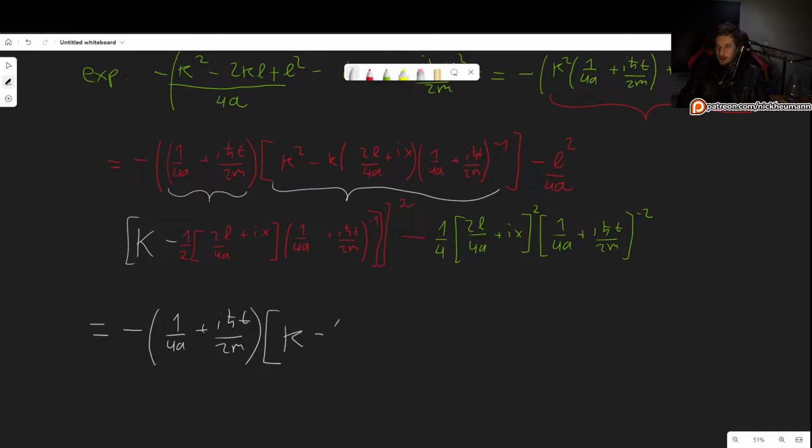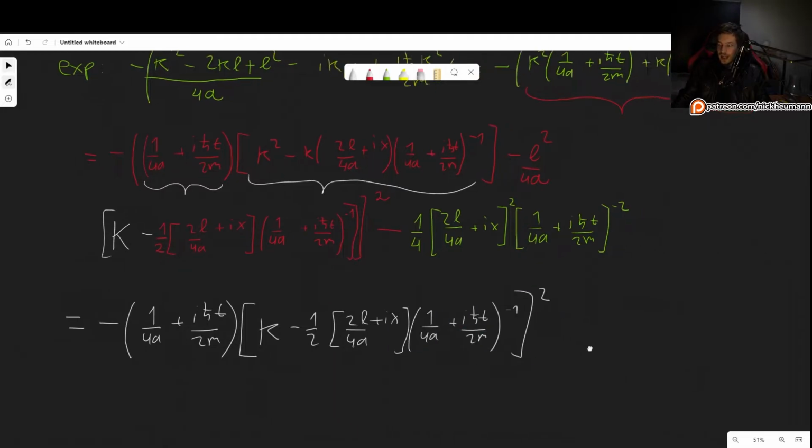So k minus 1/2 2l plus ix divided by 4a. And then 1 over 4a plus i h bar t divided by 2m to the minus 1, and this thing squared. So this is the part that depends on k.